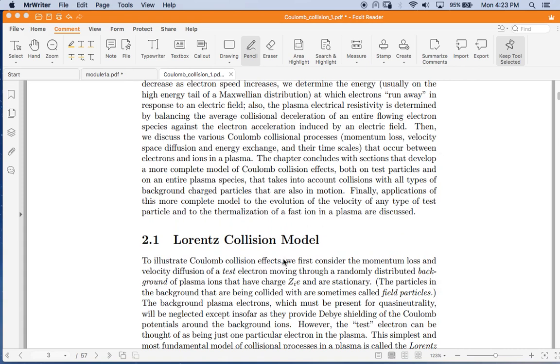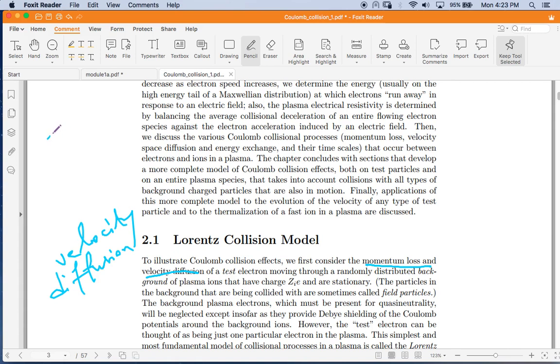We first consider the momentum loss and velocity diffusion. Why should there be diffusion of velocity? If you paid very close attention to what I've been saying, you will immediately realize that it has to be so, because each collision is small angle in nature.